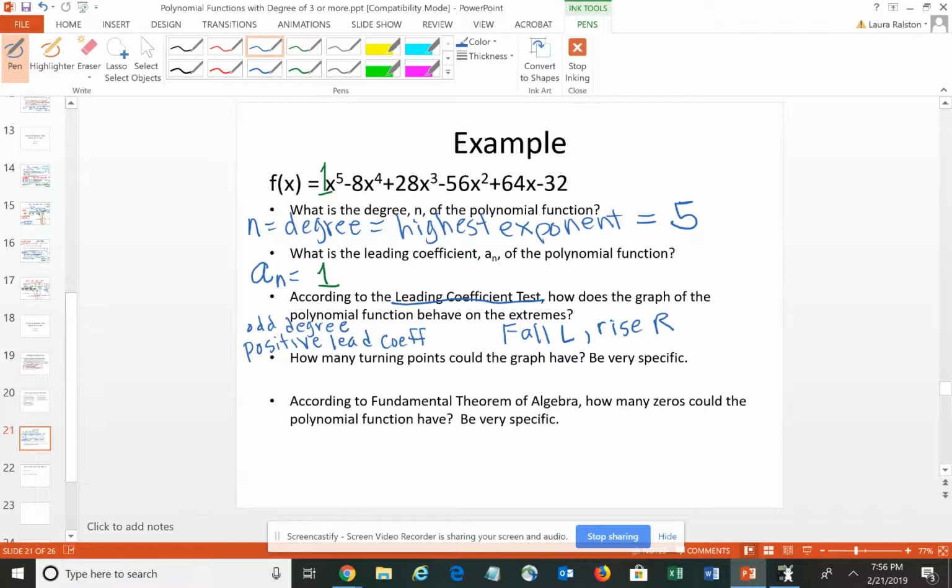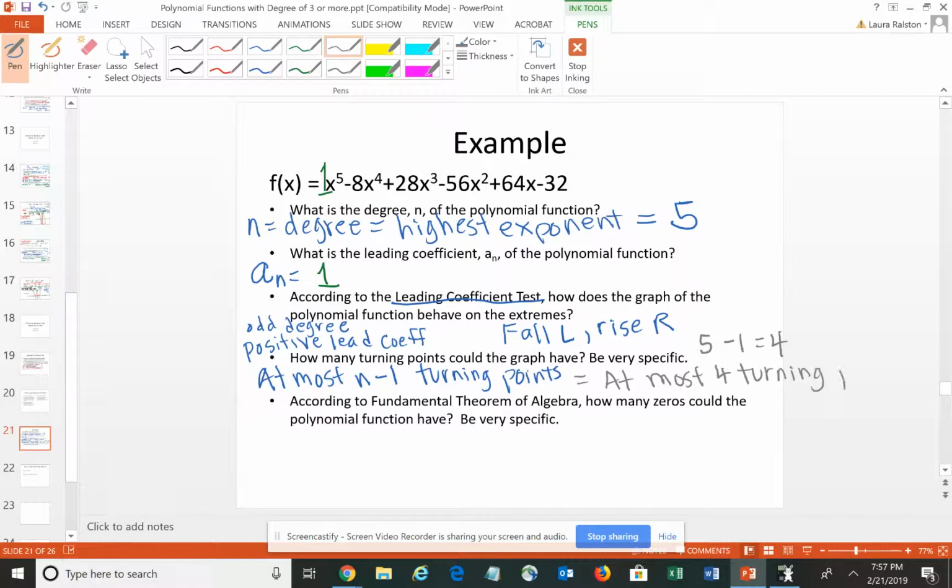The number of turning points, remember, the formula is at most n minus 1 turning points. In this scenario, n minus 1 is 5 minus 1, which is 4. So I would have at most 4 turning points.